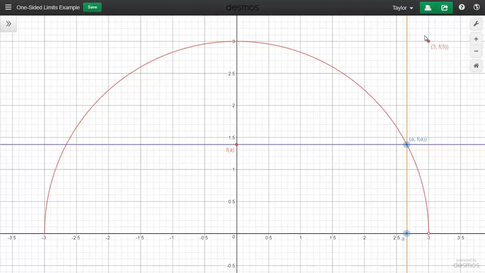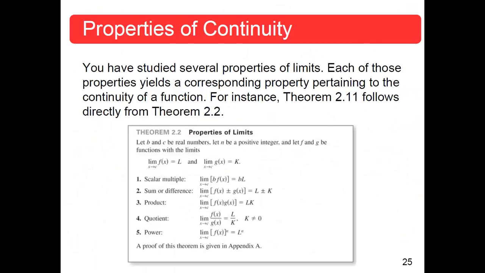I redefined f of 3 up here when the limit is 0. So that would be a situation where continuity on the closed interval would not occur, because f of 3, that is f of the right-hand endpoint, is not equal to the left-hand limit as x approaches that right-hand endpoint.